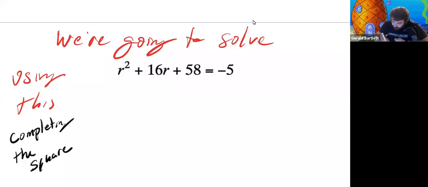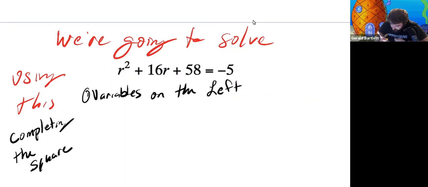All right, so the first thing I want to do is get my variables alone. And we're going to call that variables on the left. So we're going to subtract 58 off both sides.